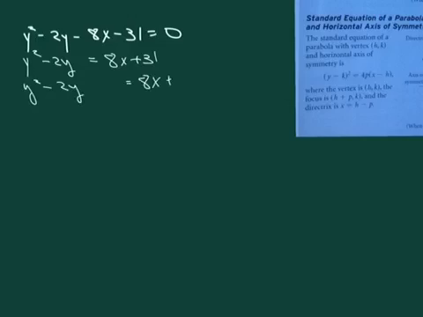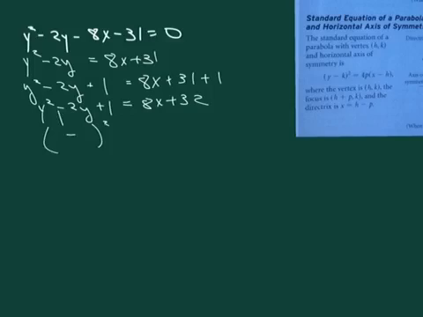And I'm going to take half of it, 1, and square it, and add that to both sides. Alright, so now I have y squared minus 2y plus 1 equals 8x plus 32. This will change to, and put a minus there because that follows there, a y there, and a 1 there.